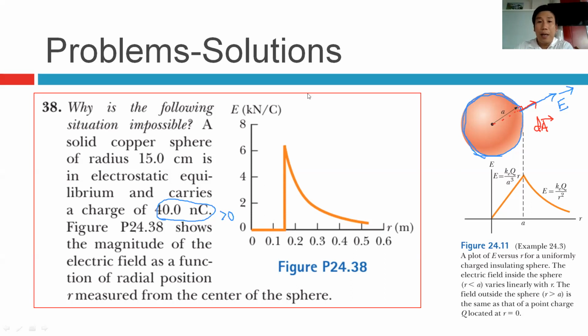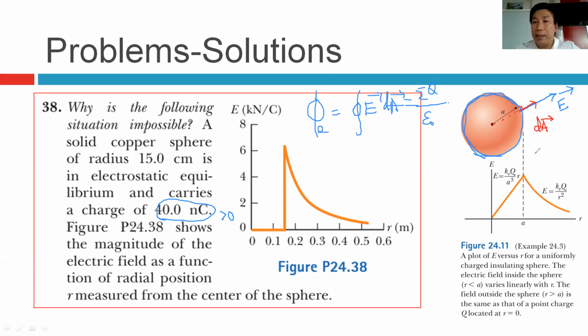And you can apply the Gauss law. The Gauss law gives us flux Φ equal to the integral of E dA, equal to the sum of Q divided by epsilon 0.